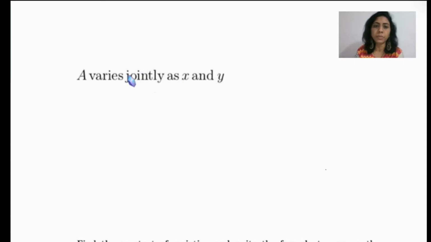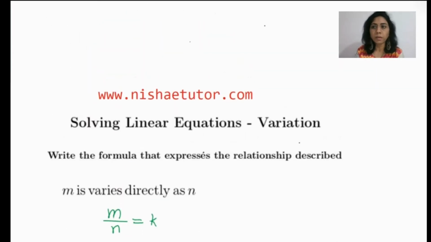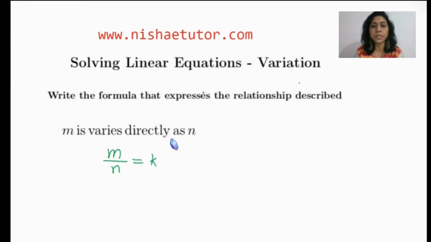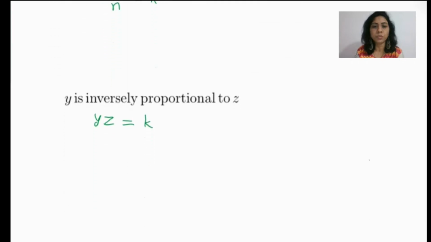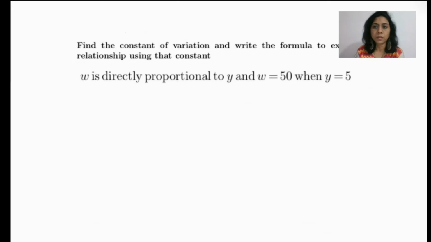Varies jointly means A is divided by this product, x y equals k. So we have three types of questions here. When given varies directly, it means divide, inversely proportional means multiply, and varies jointly means divide by what? The product. Okay, so here are three varieties.